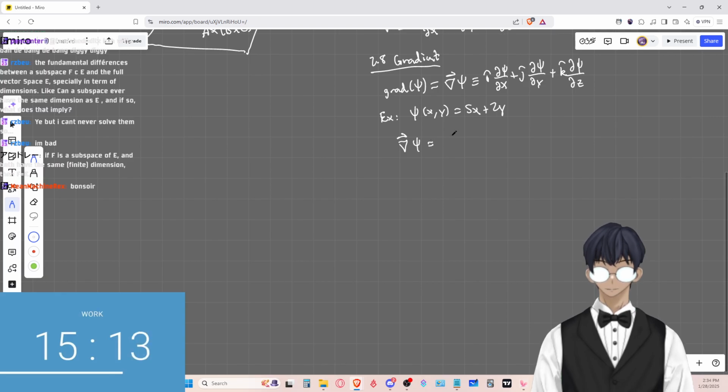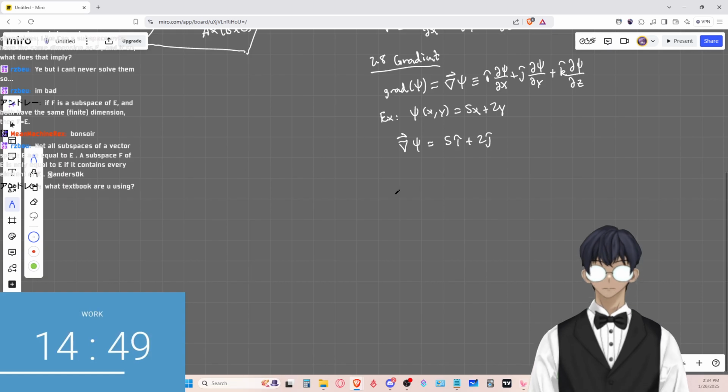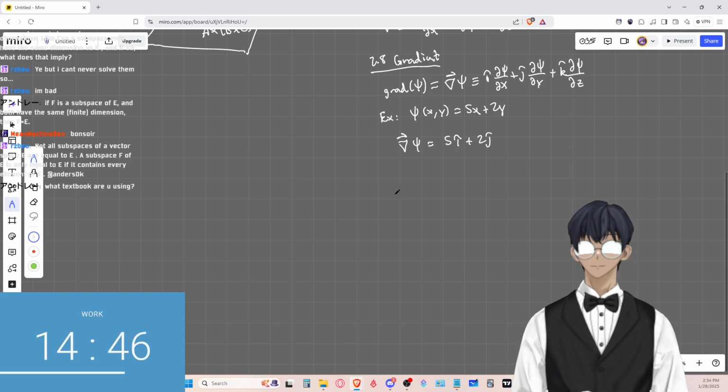I think the first part is for x, so it'd be 5i, and then the next one would be of y, so it's 2j. Yeah, and we got that right. Nice. So even though it's a scalar function, its gradient is a vector. Okay.